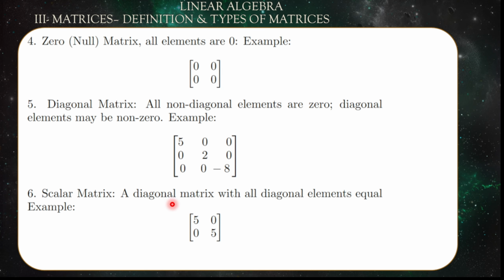Scalar matrix, a diagonal matrix with all diagonal elements equal to each other. This is only used for scaling, like k, how we've seen k for ordinary simple vectors. k is used for scaling, to augment or increase the magnitude.